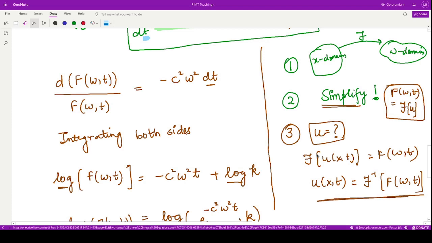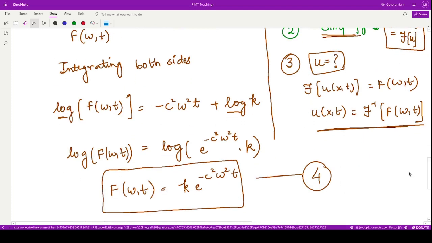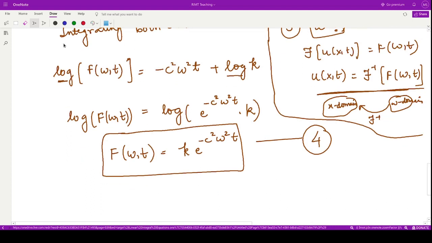So our third step would be to move from this frequency domain back to the x domain using the inverse Fourier transform. So this is what we will do here.